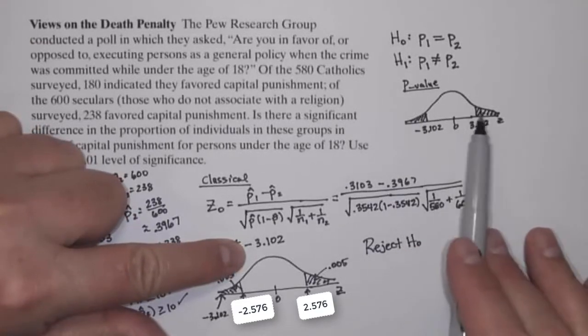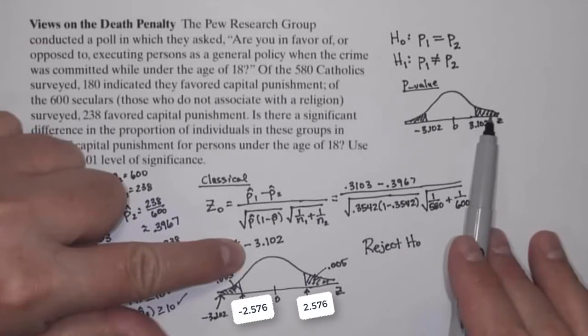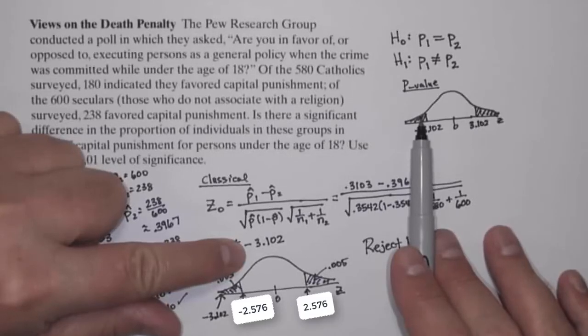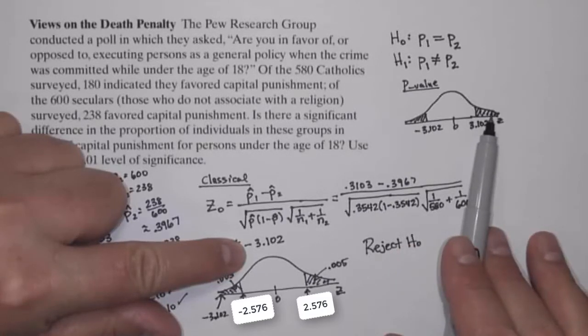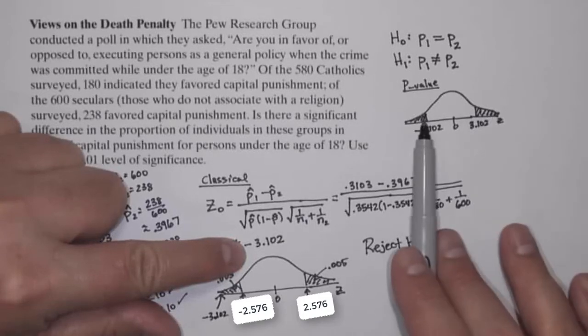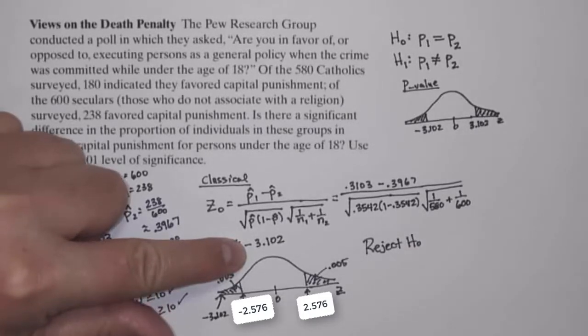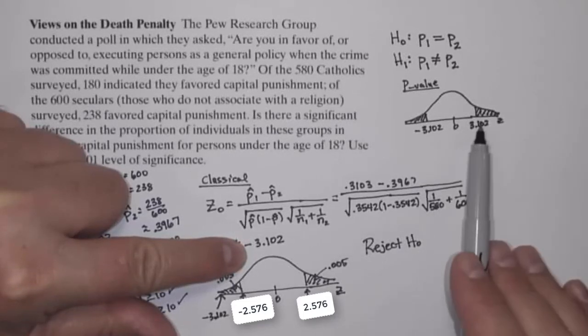So how do I find the area in the two tails? Well, I can use the standard normal table, I can use the normal CDF command on my calculator, or I can use the normal calculator in StatCrunch. Any one of those approaches will work. I'm going to use the normal CDF command on my calculator.